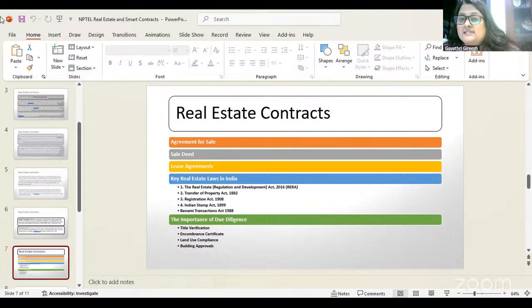After the RERA Act, the only authority which can have a land bank is the government. For example, Karnataka has the Karnataka Housing Board Development Authority, which can have a land bank.